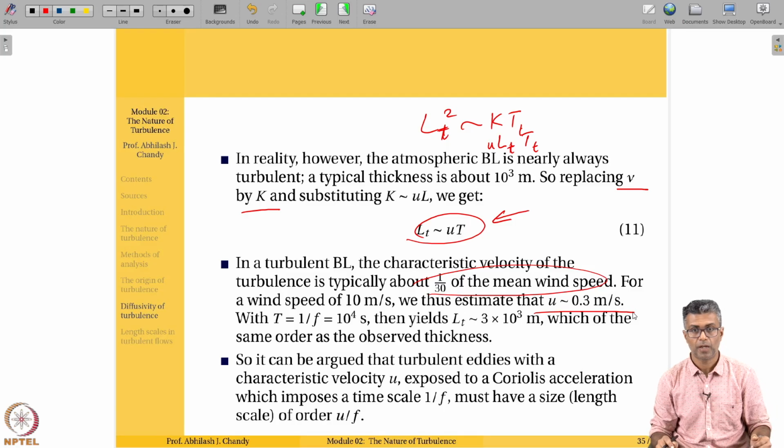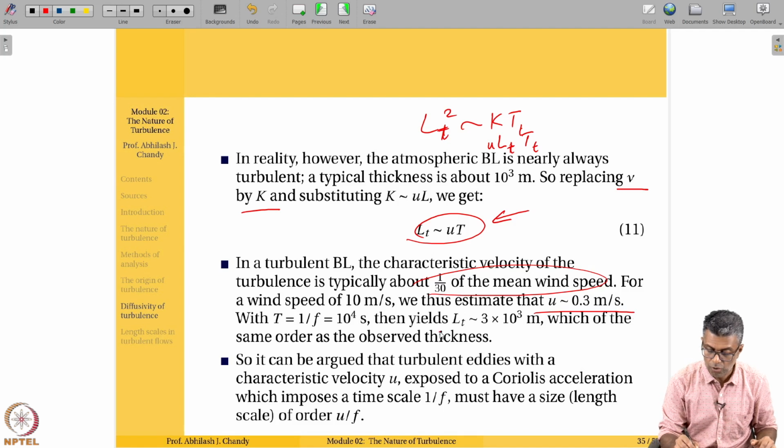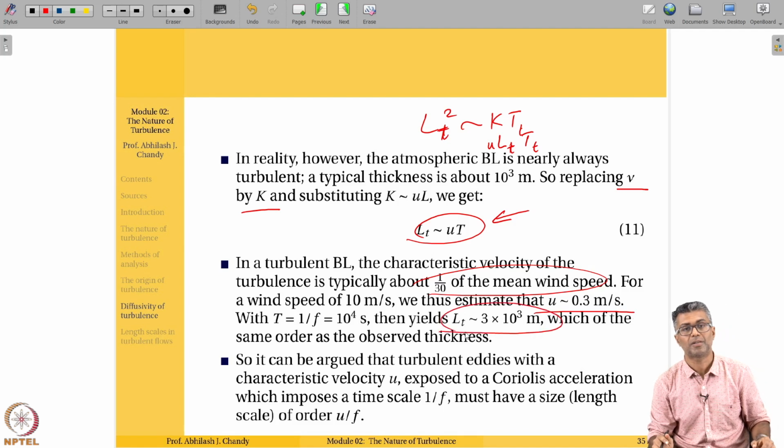So then with T equal to 1 over f, which is then T becomes equal to 10 to the 4 seconds, that yields your turbulent length scale to be 3000 meters or 3 kilometers, which is in fact the same order of magnitude as the typical thickness of a boundary layer as we know it.